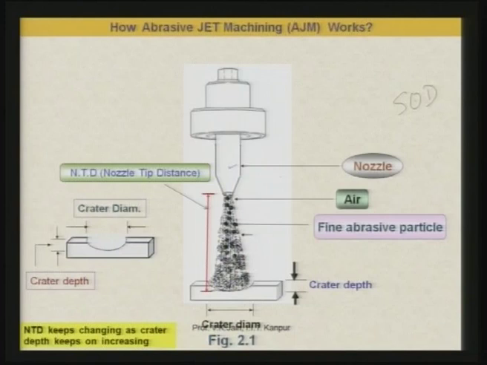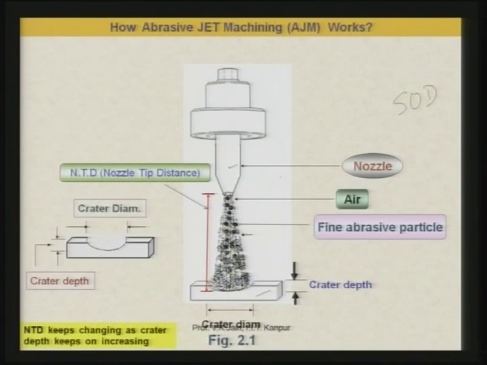Now, this air and abrasive particle mixture consists of very fine abrasive particles, and you can see here the workpiece from where the material is being removed in the form of a crater.